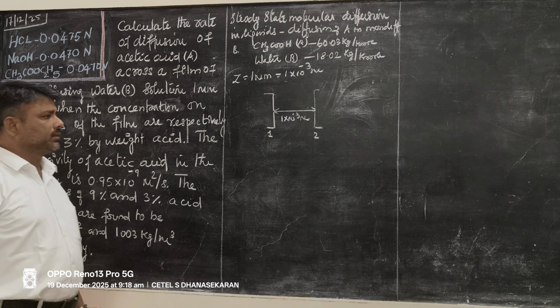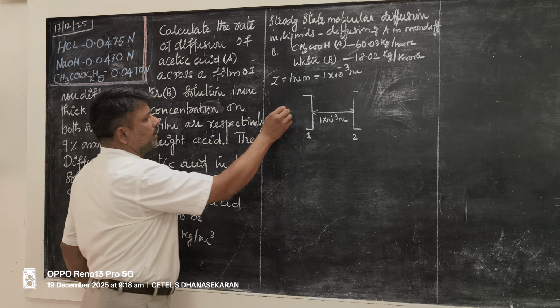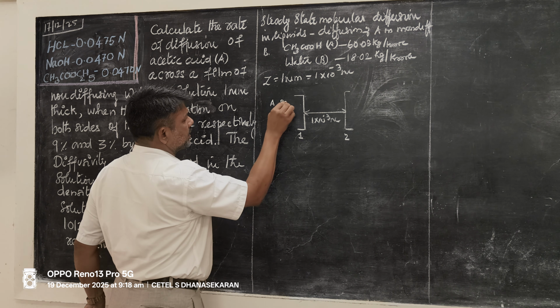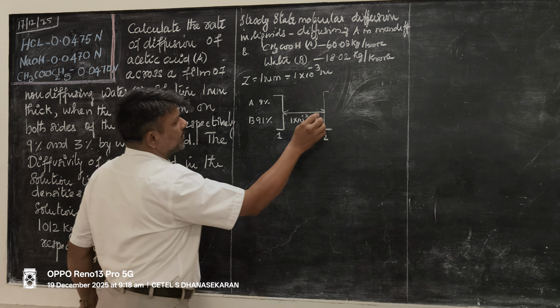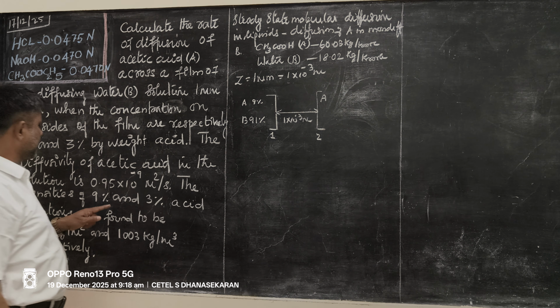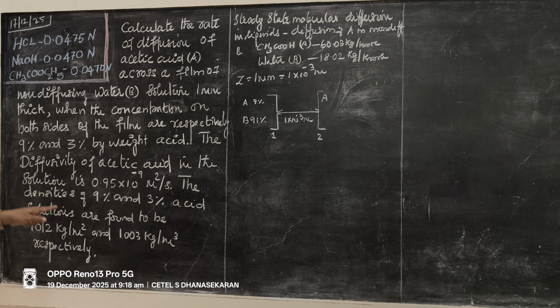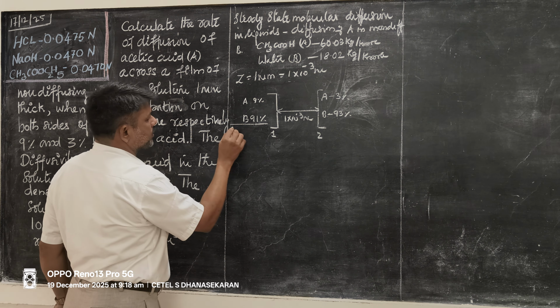In section 1, A is 9% and B is 91%. In section 2, A is 3% and B is 97%.